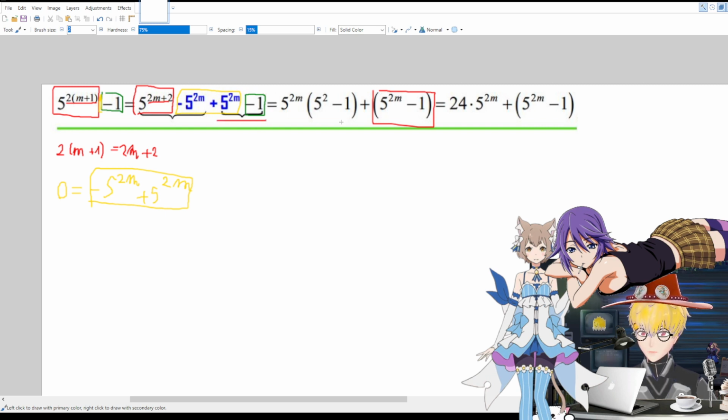So this section and this is the same. So we only have to observe these two: 5 to 2m plus 2 minus 5 to 2m. That part. So 5 to the power of m plus 2. Let's first explain that part.